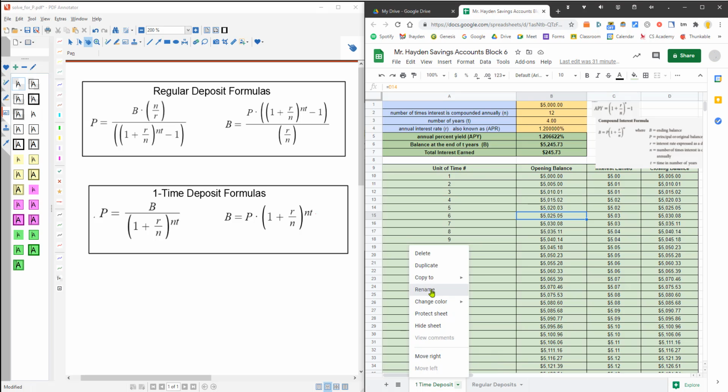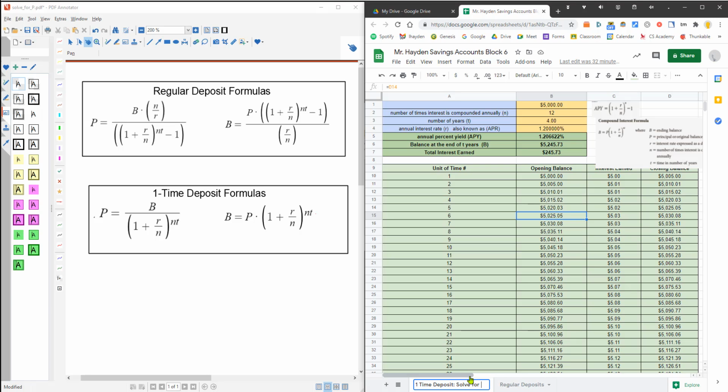Well, actually, before I do that, let's rename them so that we are clear of what each spreadsheet is solving for.